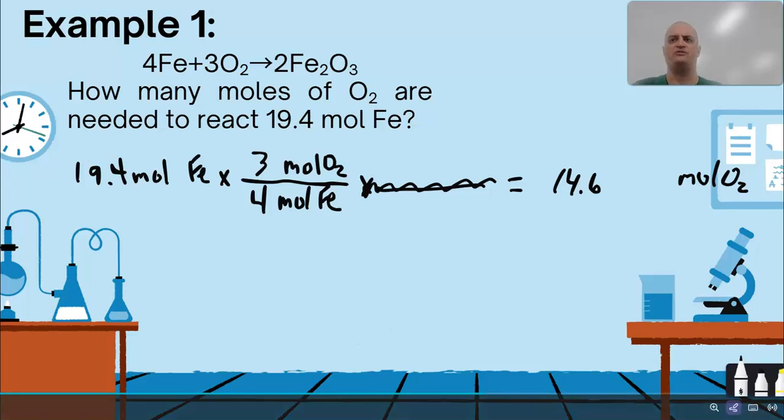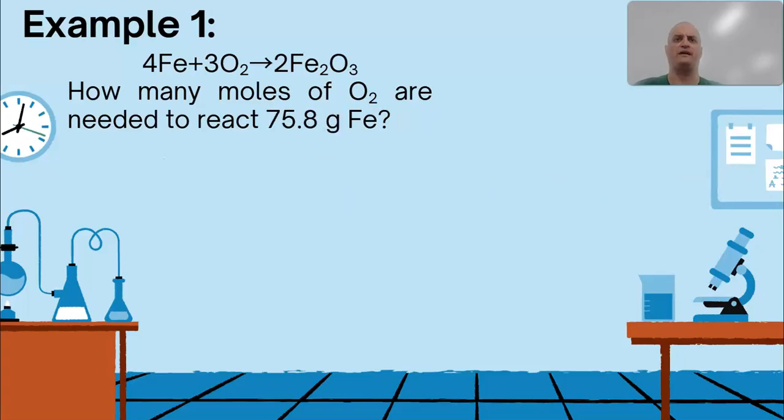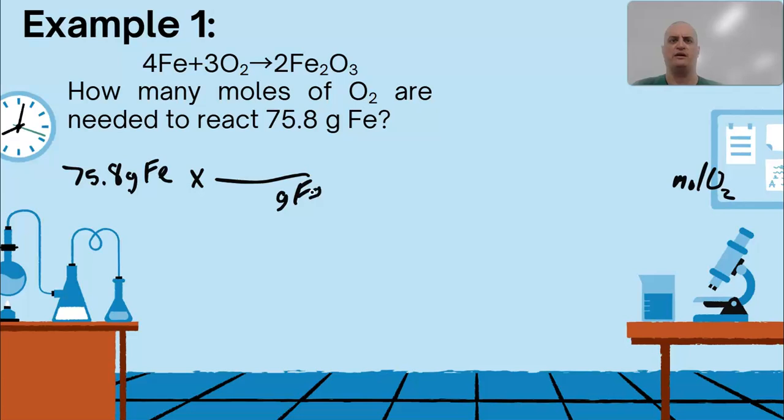That's not very practically useful because we still would have to determine either particles or mass. So let's go a little bit further. Let's say we massed out so many grams of iron, and we want to know how many moles of O2. You can relate any reactant to any product and vice versa. Now, if I start off with grams up top, grams needs to go on the bottom. Grams are related to only one thing, moles of the same substance, in this case iron.